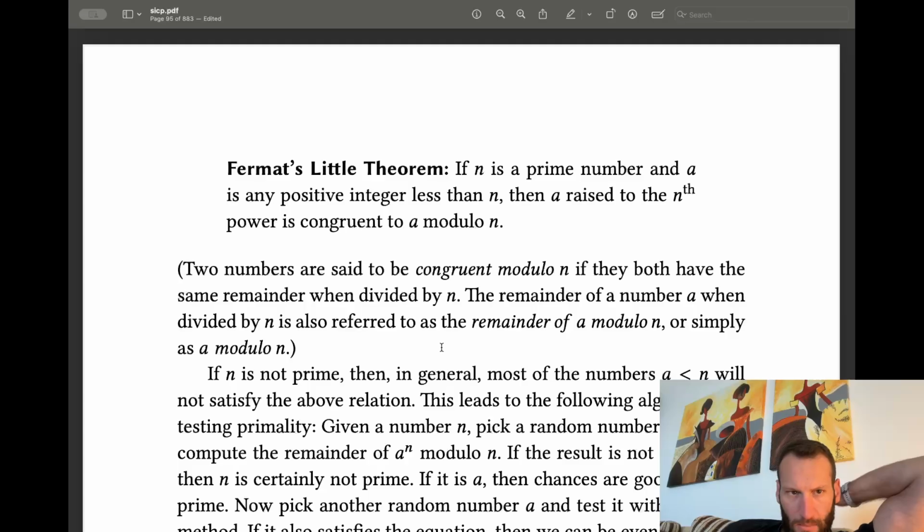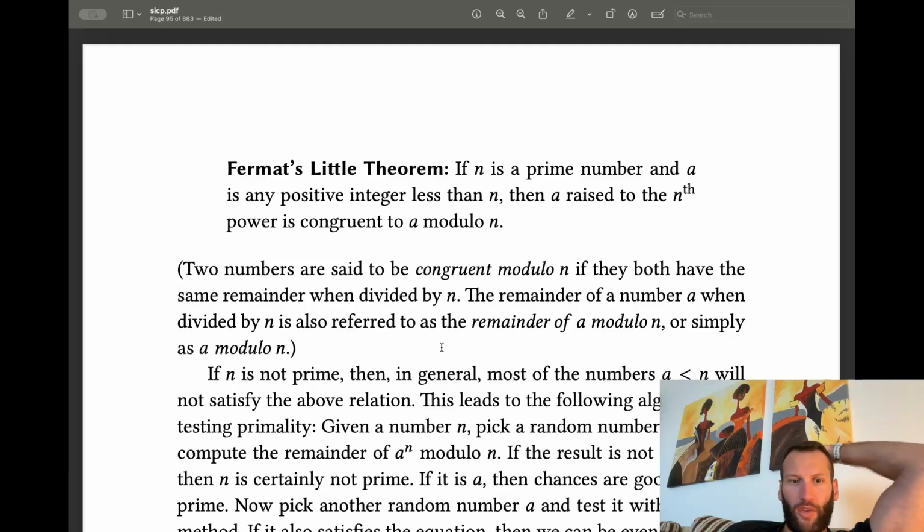If n is a prime number and a is any positive integer less than n, then a raised to the n power is congruent to a modulo n.